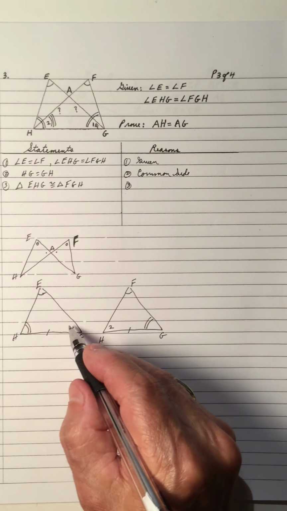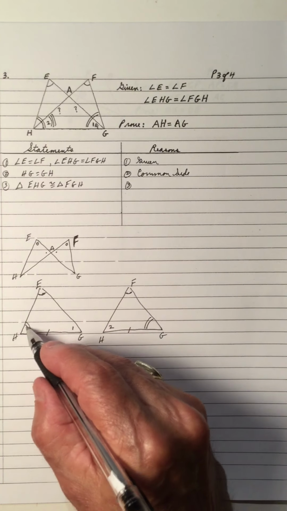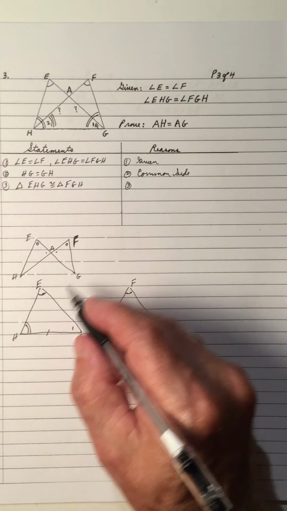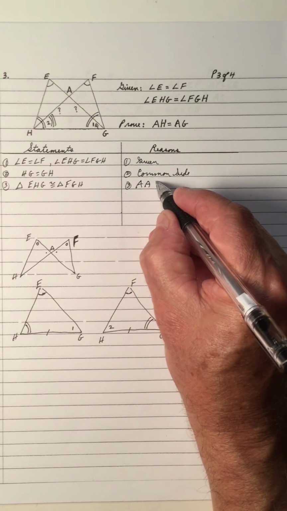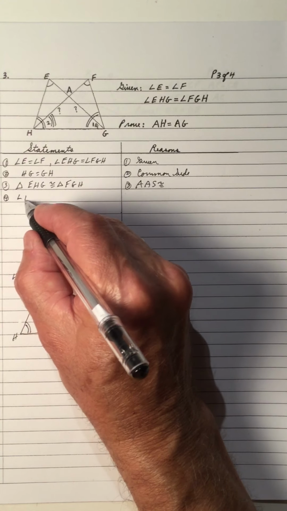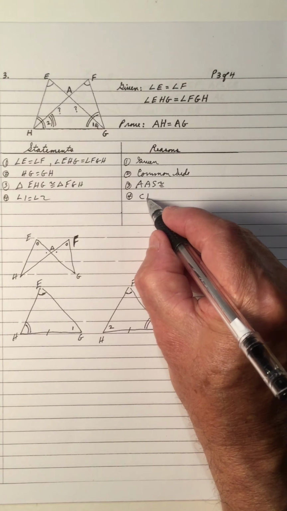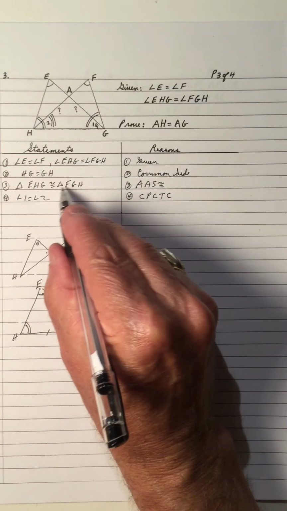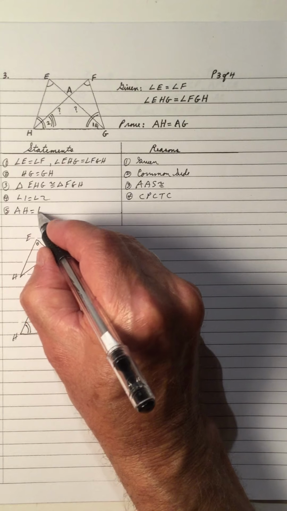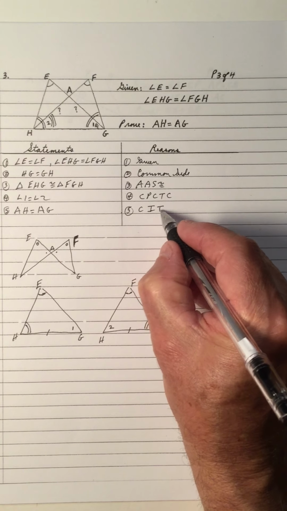by, again, what do we have? We have an angle, this angle with this angle, and this side is common. So we have an AAS congruency, and as a result, we have angle 1 equals angle 2, CPCTC, because they're in these two triangles, and as a result, we have AH equals AG, converse of ITT.